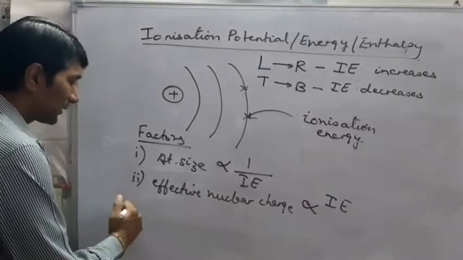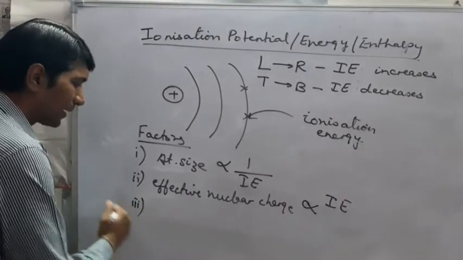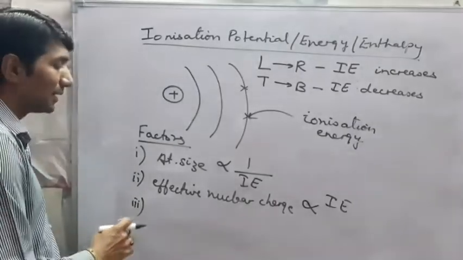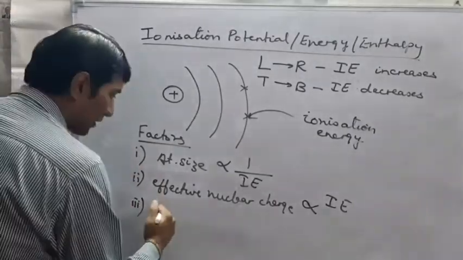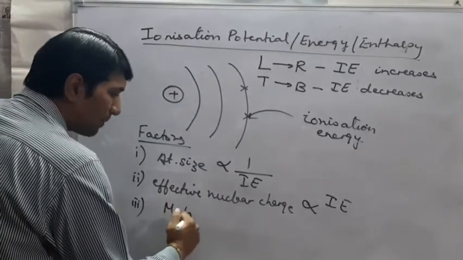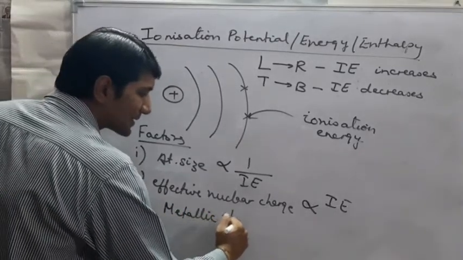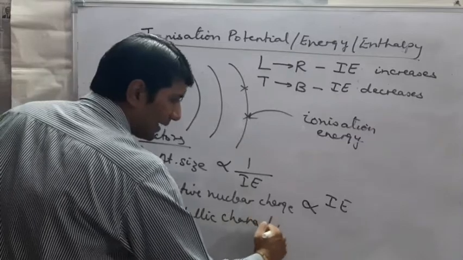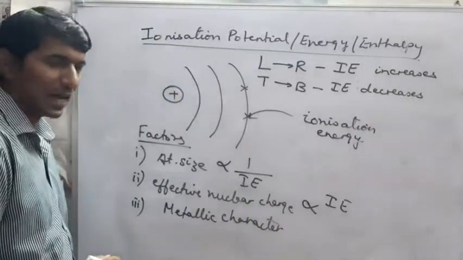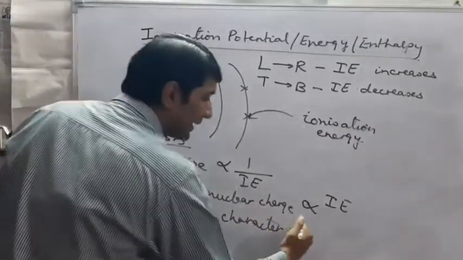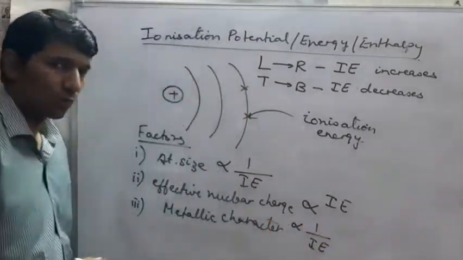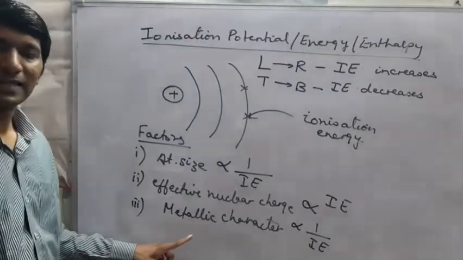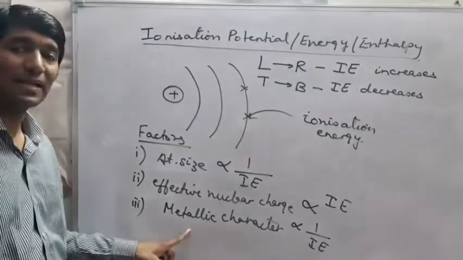Okay. The third factor is the metallic character. If the metallic character is high, then obviously the ionization energy will be low.